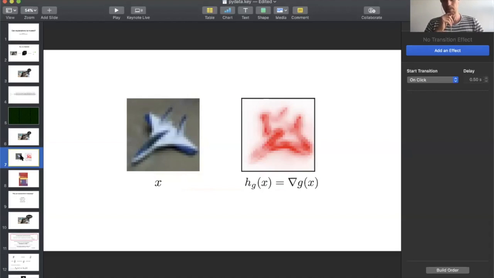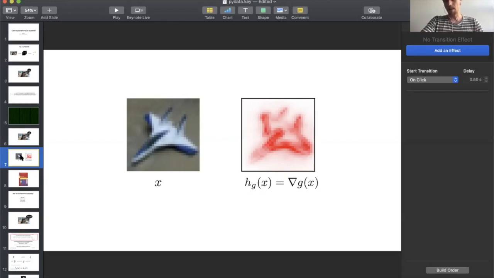And the basic idea here is, so I'm just gonna explain this on this example here. We have a jet from the CIFAR-10 image data set, and we train some classifier to classify on CIFAR-10. And now explanation methods, these local explanation methods, they produce something called a heat map, which is displayed on the right.